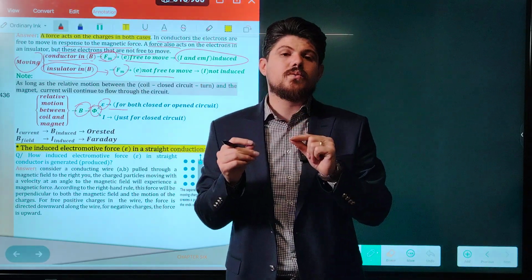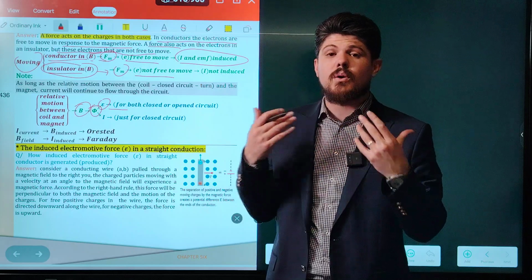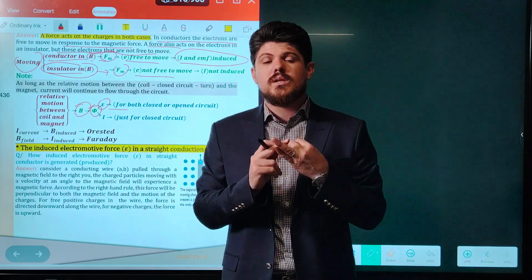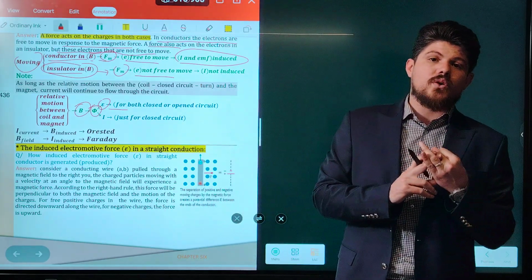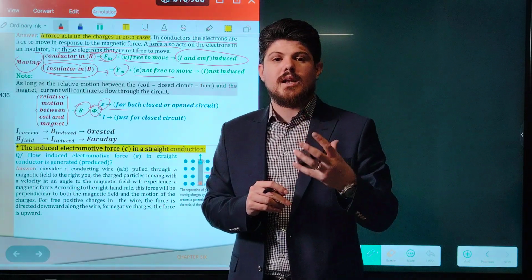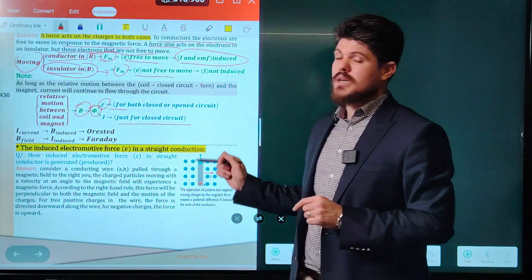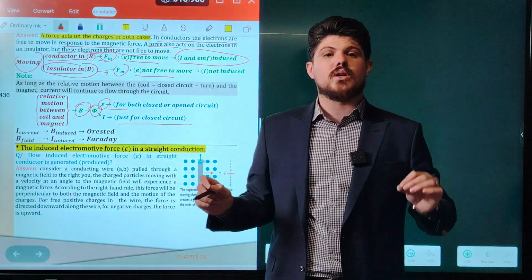Yes, of course. By moving the closed circuit into the magnetic field, is EMF still induced? Yes, of course. In both cases, for open circuit and closed circuit, there will be electromotive force, EMF, in the presence of relative motion between the magnetic field and the circuit. But current is induced only for the closed circuit.